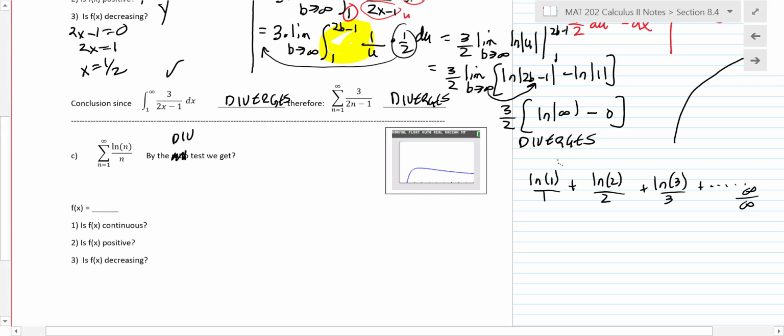But it does help you with these 2 things. First of all, the terms are definitely positive. There's no doubt about that, because you're doing a logarithm of a positive number, so you're going to get a positive. Now the next thing is what's happening on these terms. Well, the terms are decreasing. I'm going to go into a little bit more detail with the decreasing, because I want you to do this on some of the problems.